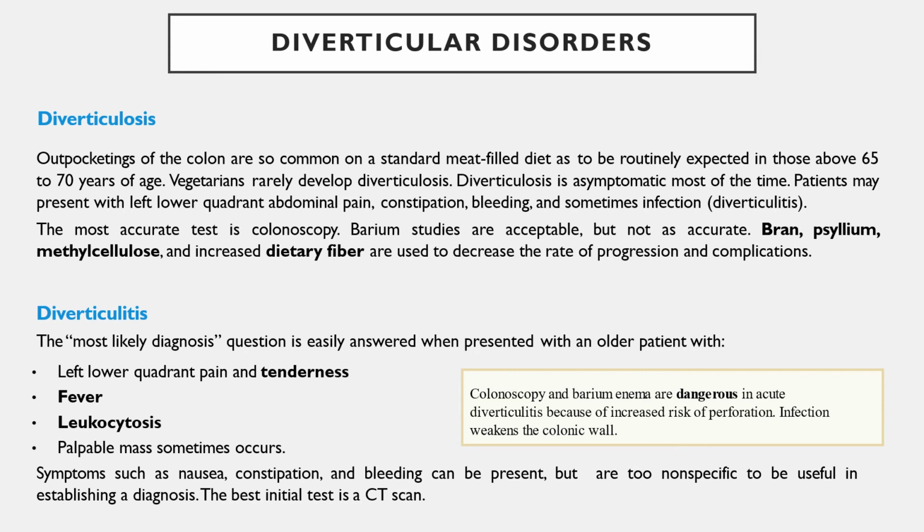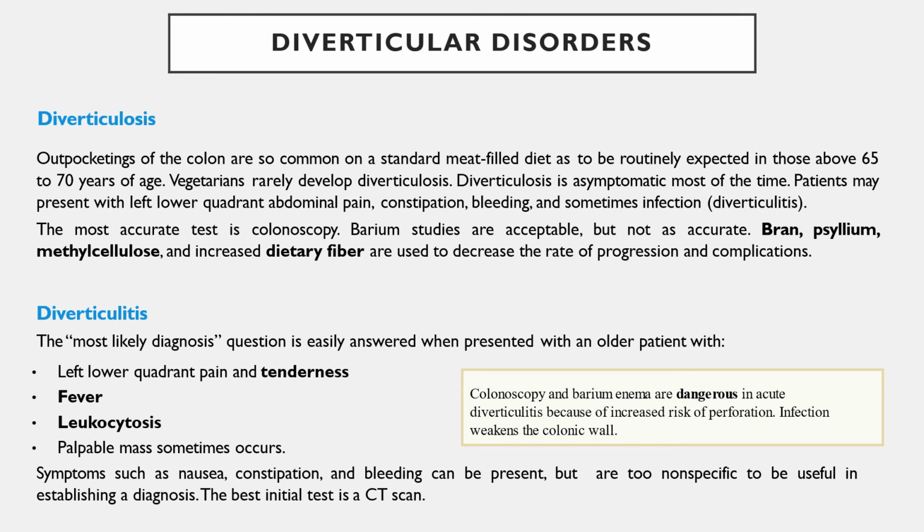We need to know that diverticulosis is asymptomatic most of the time. Patients may present with left lower quadrant abdominal pain, constipation, bleeding, and sometimes infection, or diverticulitis. The most accurate test is colonoscopy. Barium studies are accepted, but not as accurate.